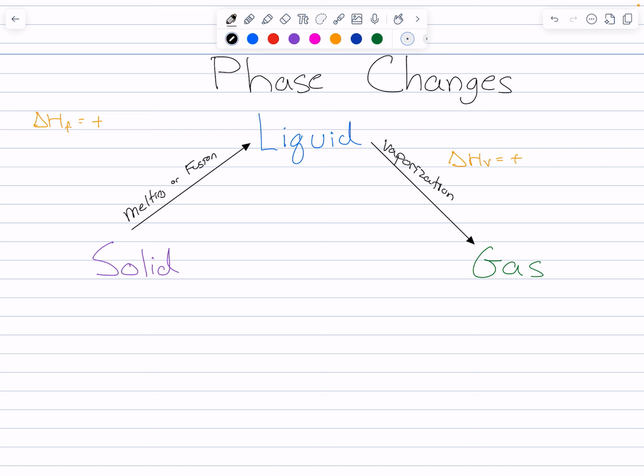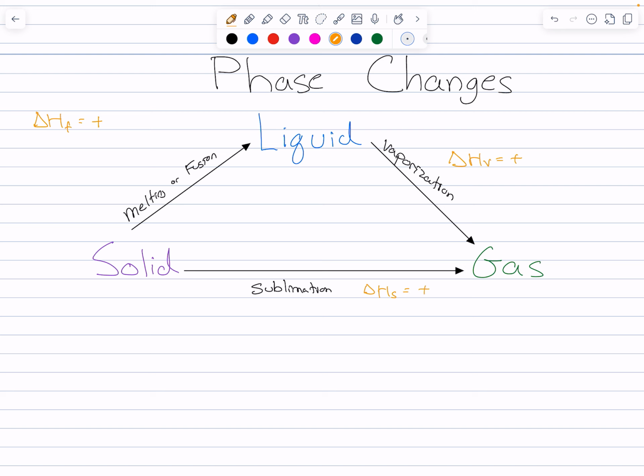And finally, for some substances, you can go from a solid to a gas. If we go from a solid to a gas, that's sublimation. And again, delta H sublimation is positive. Okay?